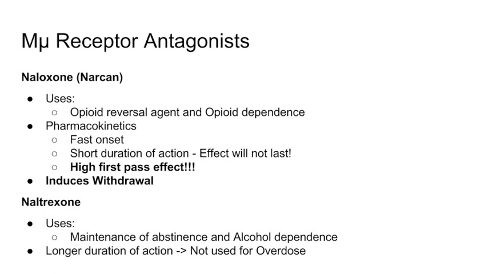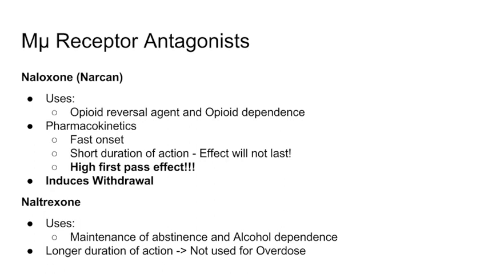So it doesn't work forever. High first pass effect, already talked about this and its ramifications because it's used in Suboxone. It goes through the liver and it's highly metabolized, and then it can also induce withdrawal. So when you give a patient this, they're not very happy if they've just been using heroin.